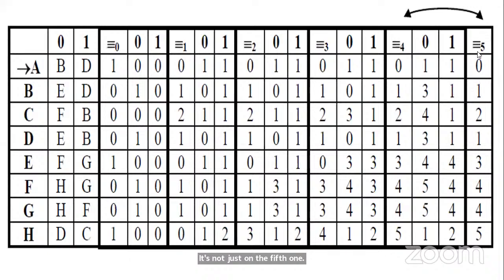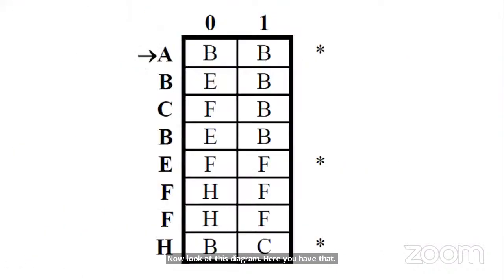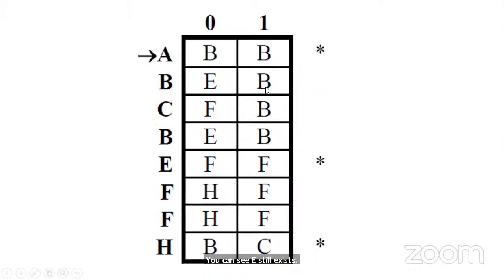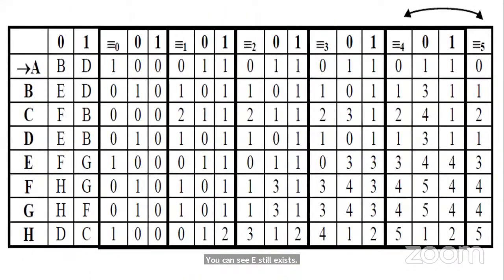So let's look at this. Now, look at this diagram here. A is on its own. Just look at the comparisons that I'm making here. You can see A still exists, right? Let me label it so that we can have a good understanding of what we are saying.